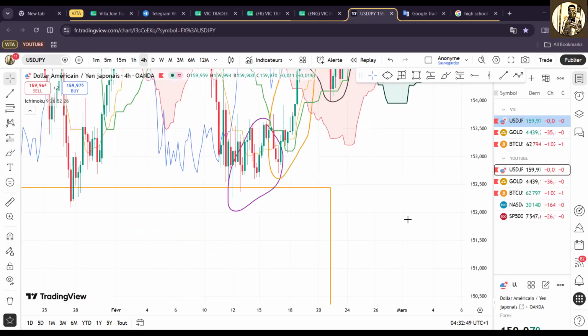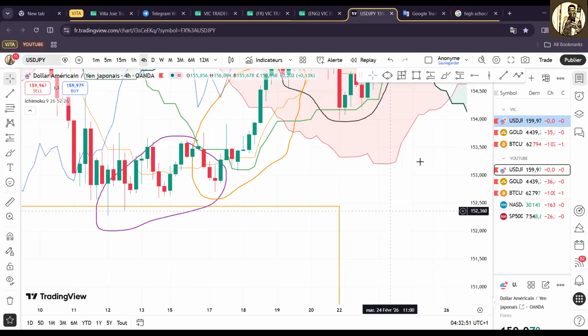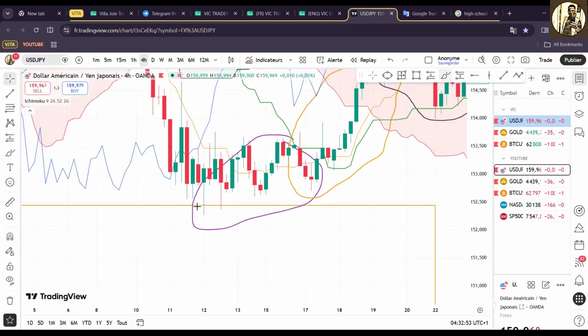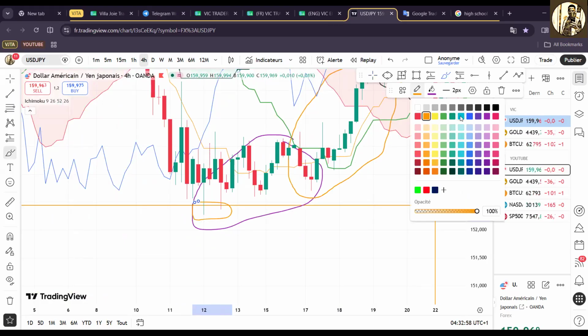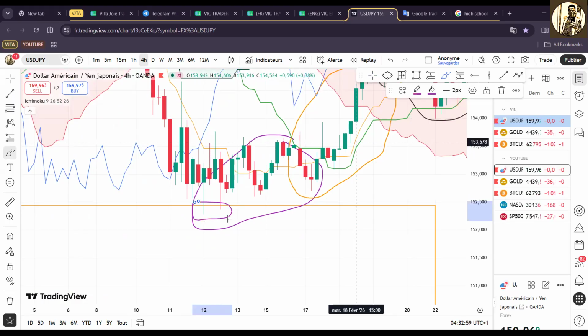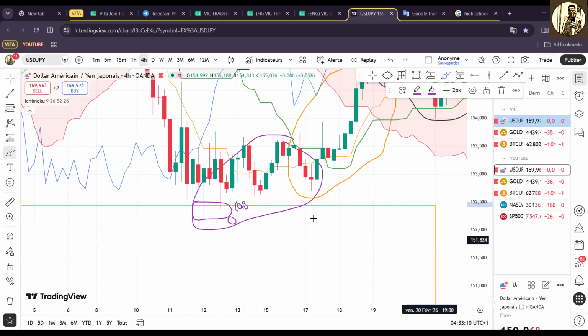For this case, we have here this place that is the zone of continuity. Continuity of what? Continuity of the daily of the weekly setup. That is this orange rectangle below.